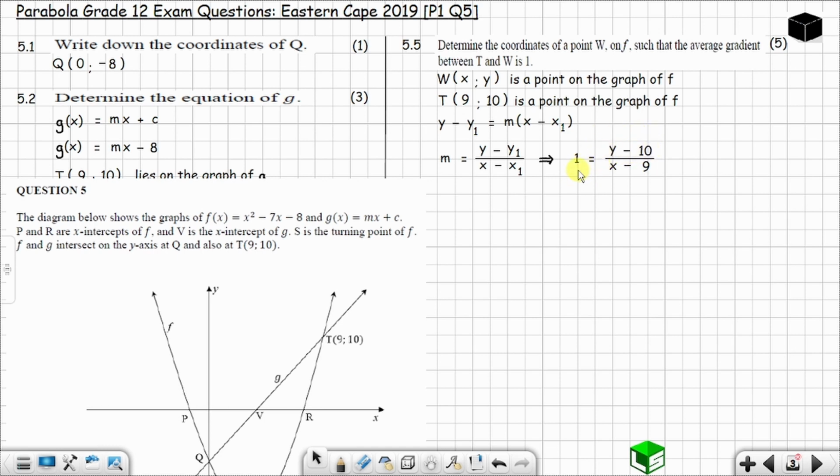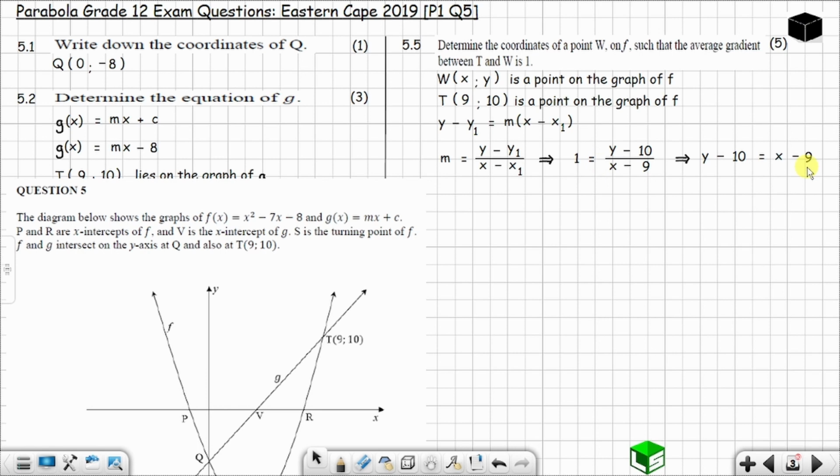There is 1 down there. So this is y minus 10, and this is equal to 1 times x minus 9. So this is x minus 9.